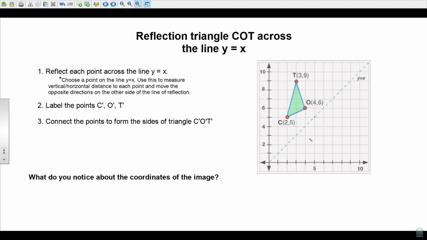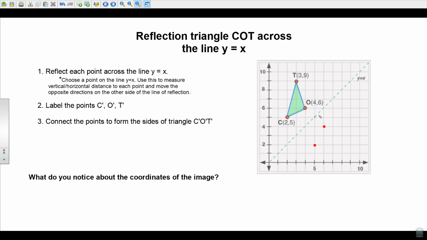It's going to end up over here. Okay, so basically 3 and 3. It's going to end up right there. Now O, when I reflect point O across this line, you can see it goes diagonally across one square. It's going to end up right there.